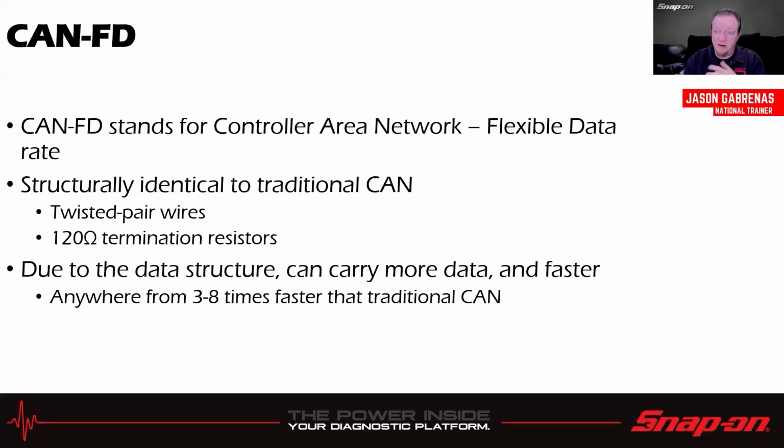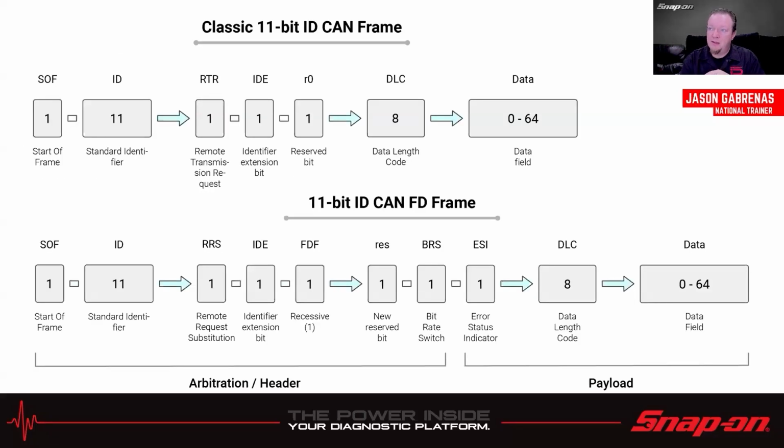Twisted pair wires, once again, 120 ohm termination resistors. Due to the data structure, however, they can carry more data and faster, anywhere from 3 to 8 times faster than that of traditional CAN. So nerd stuff, if we see how the data is laid out in traditional CAN, you can see just kind of how it's set up there. I'm not really going to describe any of this stuff because that's getting way too deep in the weeds.